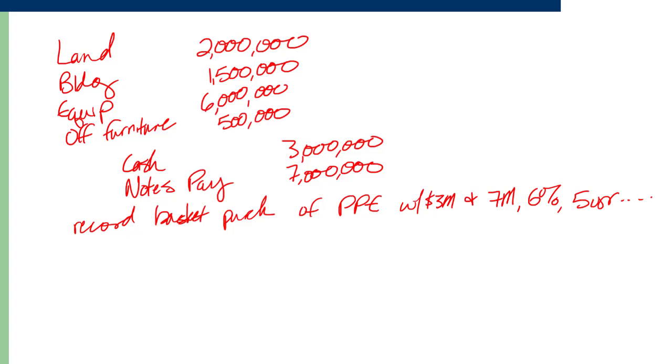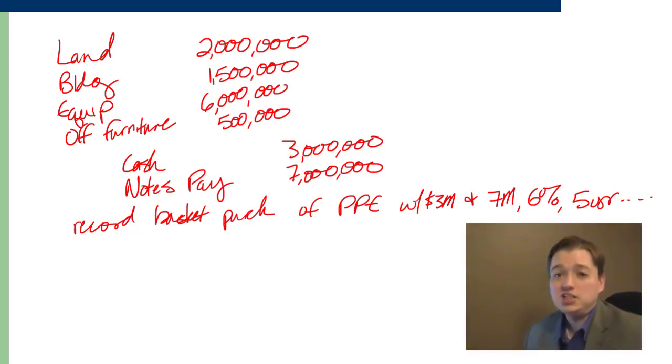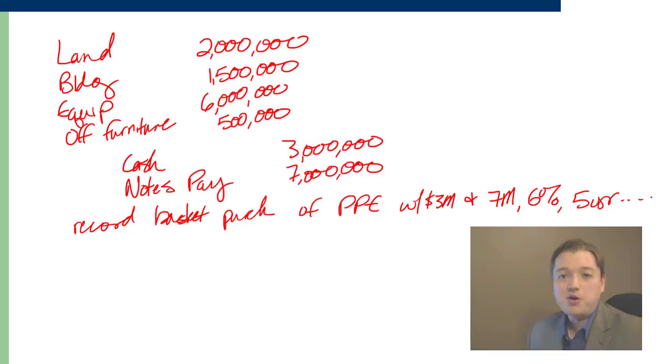And I put in all those details about the note and when it has to be paid and that kind of thing, so that as I move forward I can calculate all the interest and the other things that go along with that note. So that's our calculation for a basket purchase. Not difficult, just something that you need to make sure you're comfortable with so that you know what you're doing.